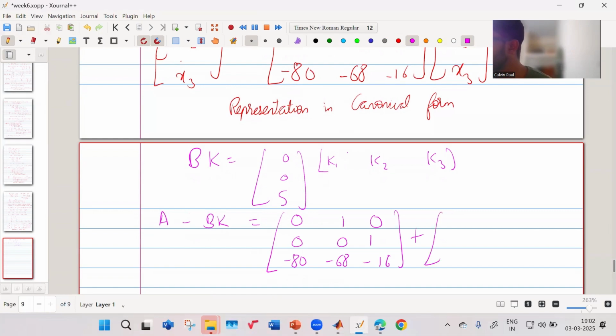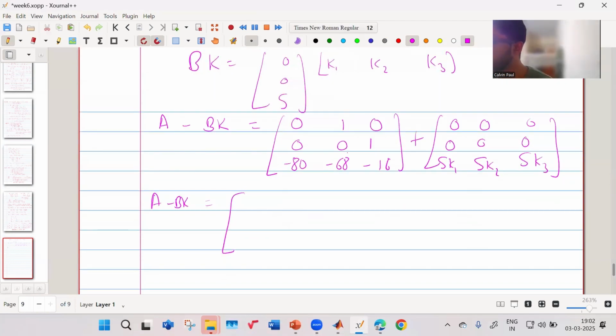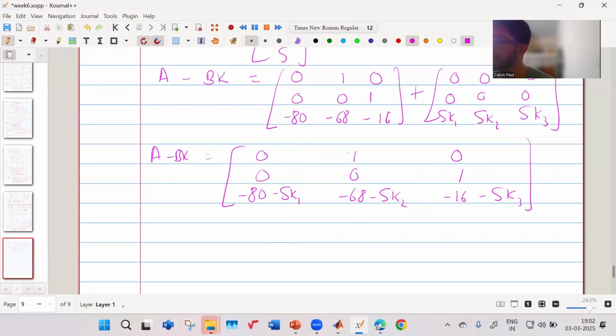What is your bk? It will be 0, 0, 0, 0, 0, 0, 5k1, 5k2, 5k3. So your a minus bk will be equal to 0, 1, 0, 0, 0, 1, minus 80 minus 5k1, minus 68 minus 5k2, minus 16 minus 5k3. So this is your A closed loop.